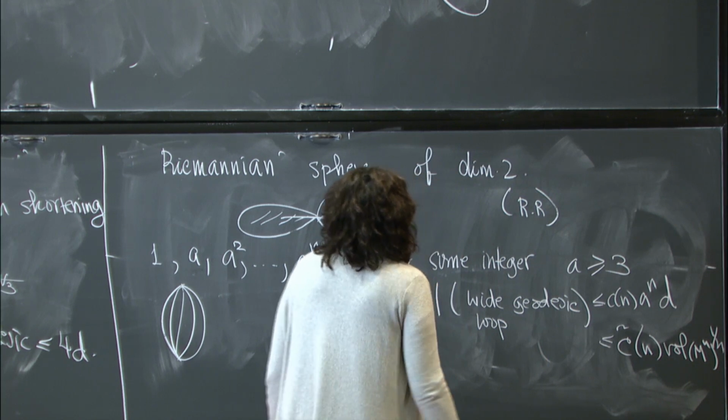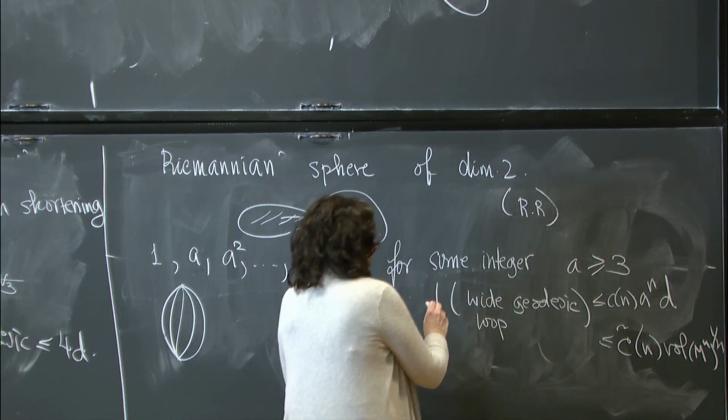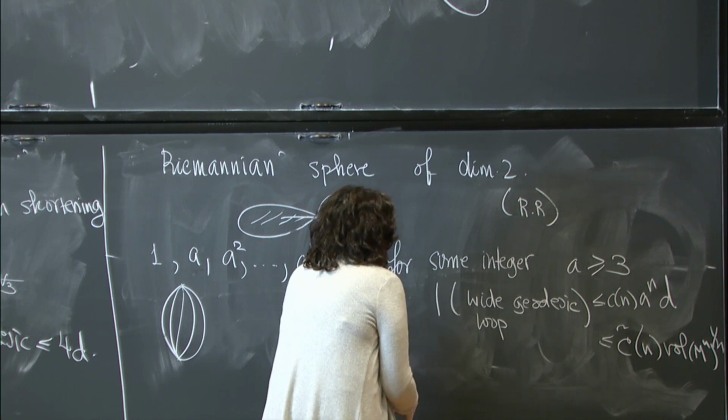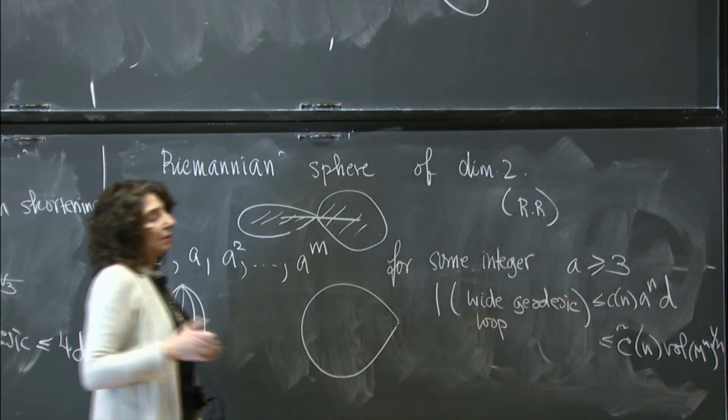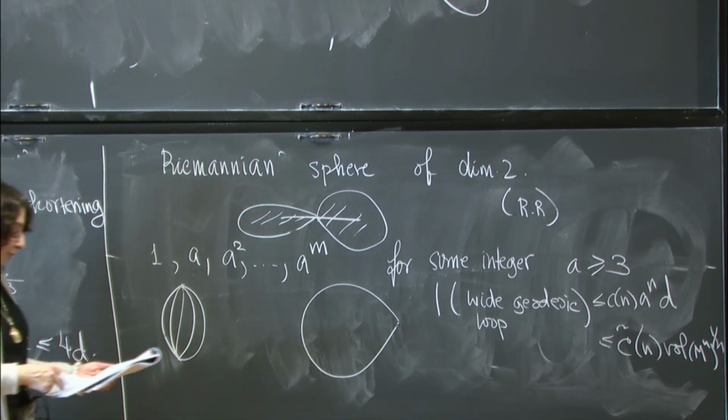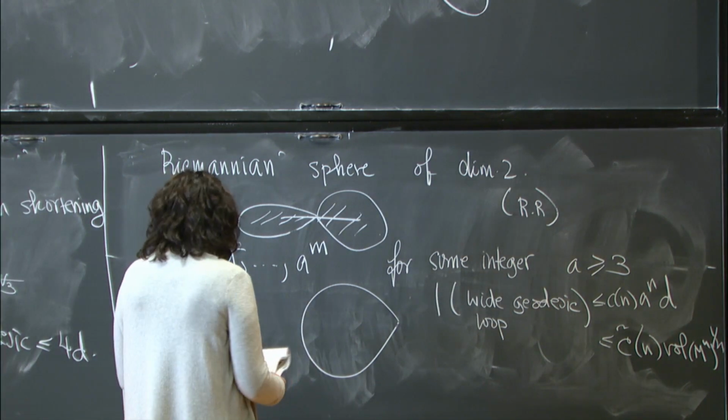So you can get those upper bounds for wide geodesic loops, and it will not, unfortunately, give us periodic geodesics. However, this method will still play some role in some corollaries to this theorem.